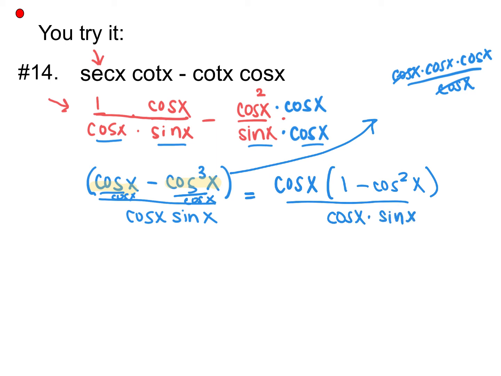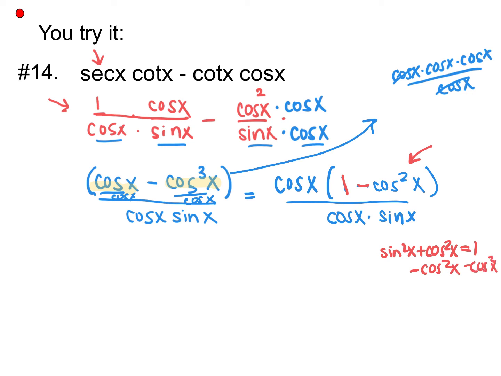Now, what you're probably going to notice is you now have a cosine squared with a plus or minus 1. So now I can go to my formula sheet and say, hey, I know sine squared plus cosine squared is equal to 1. And I can rearrange this keeping the 1 positive, and I need it with a minus cosine. Well, that's easy.